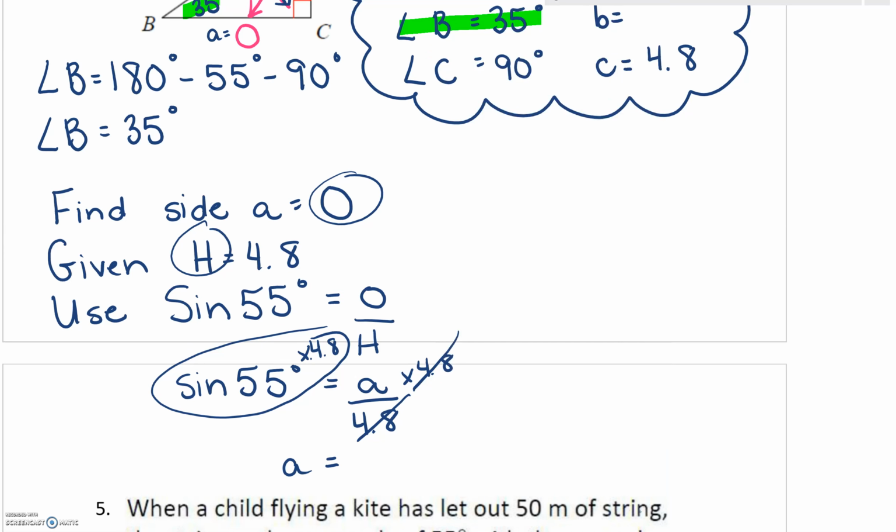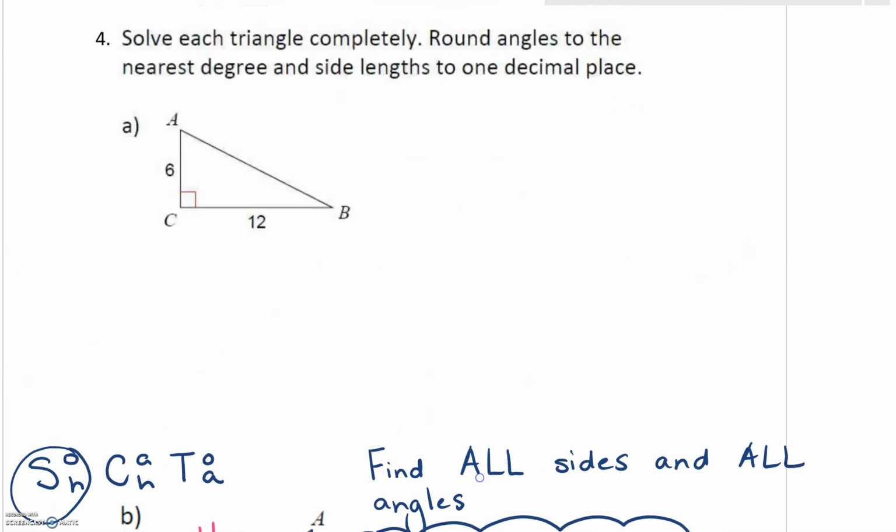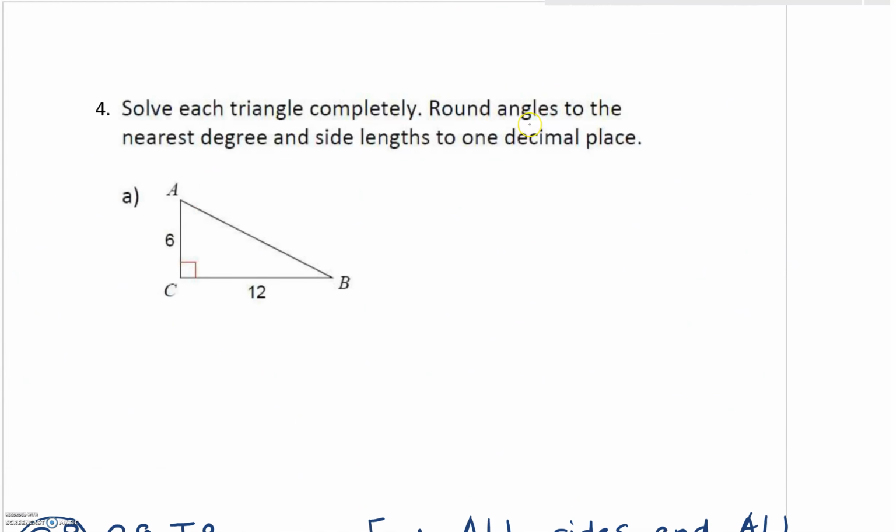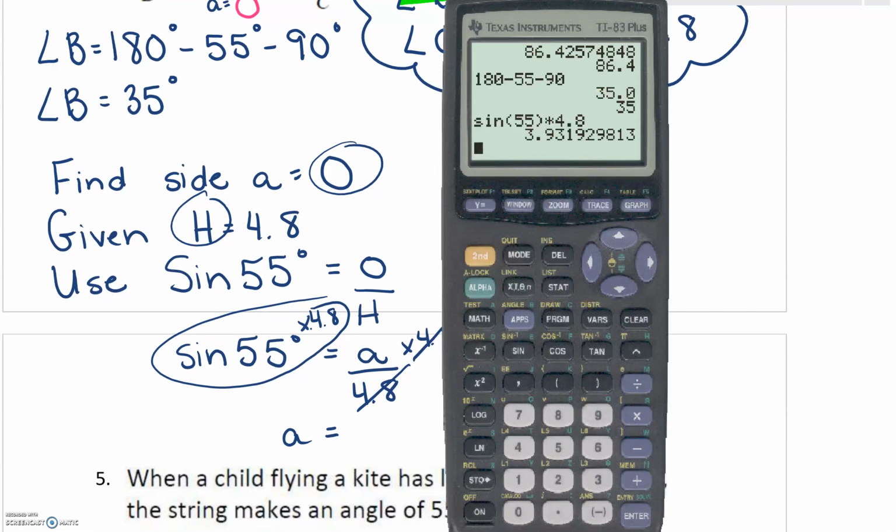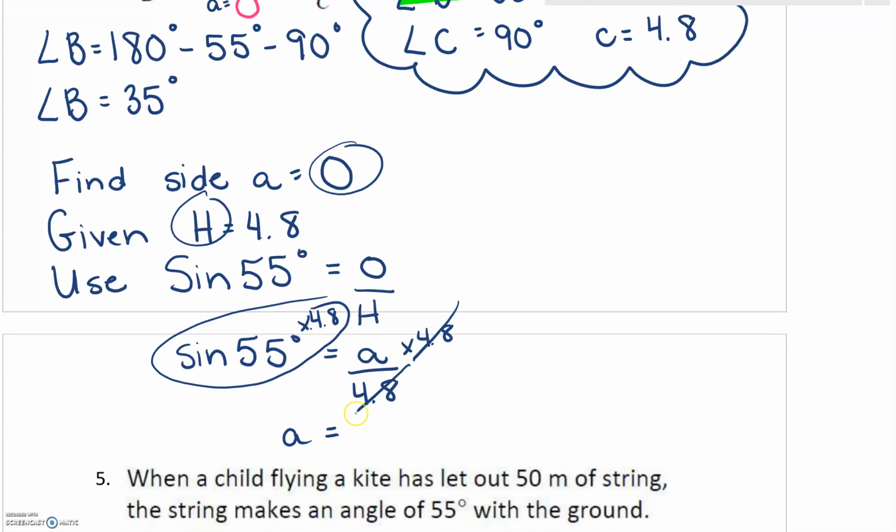So we need to round this. It tells us up here, round angles to the nearest degree and side lengths to 1 decimal place. So 1 decimal place would be 3.9 in this case. And again, play around with your calculator and your float.